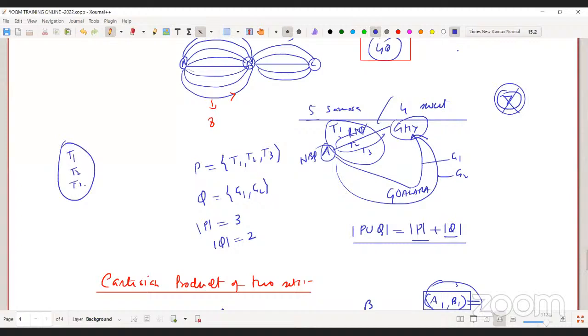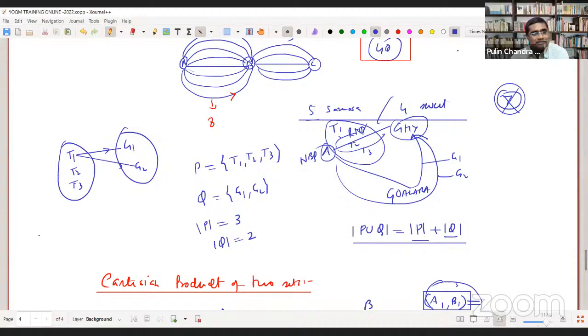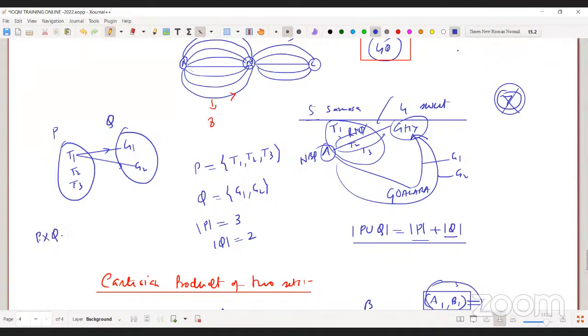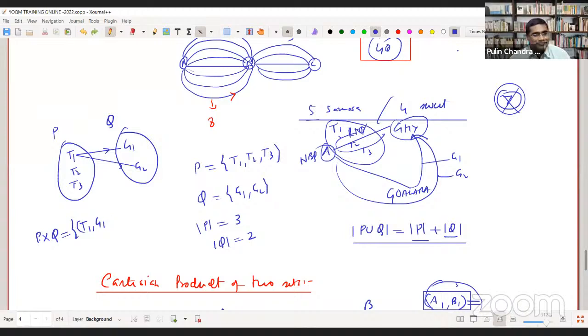Okay, fine. Now you make the Cartesian product. You write the set. Suppose C is equal to, you write in that format. Ordered pair format. Yes. This is P, this is Q, and then P cross Q is equal to, X comma Y, where X belongs to P and all this, in a general format.